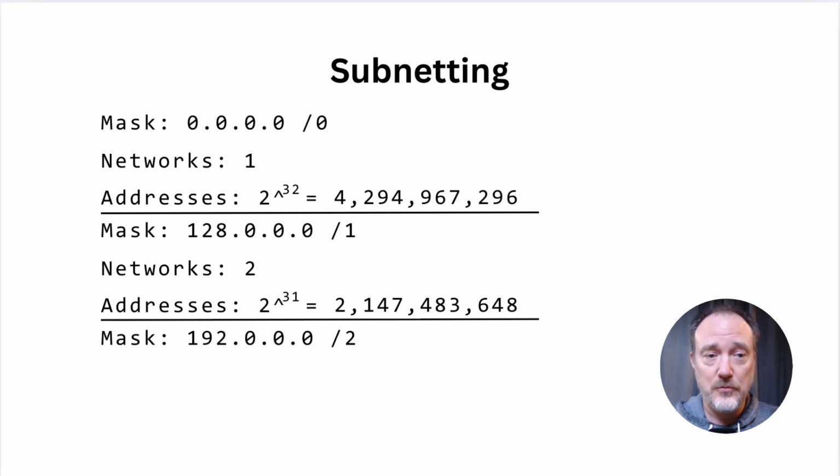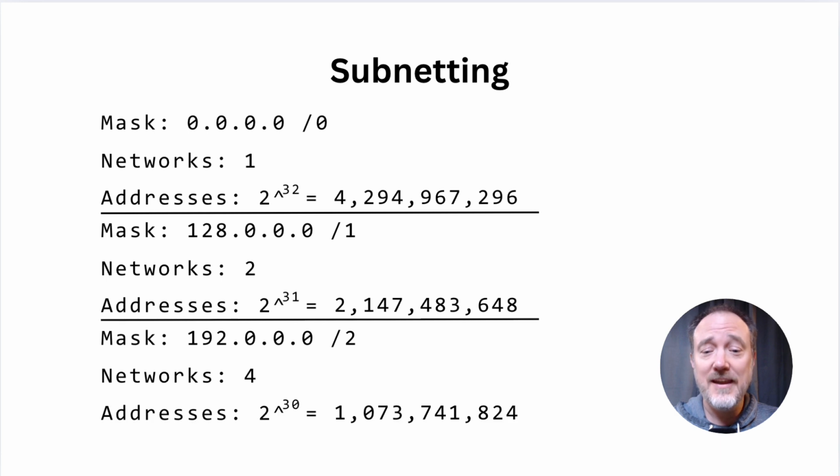So the next mask down is if we use a subnet mask with 2 bits. Then the mask would be 192.0.0.0 or /2. And since there are 2 network bits, the number of networks would be 2 to the power of 2. That gives us 4 networks. Since 2 of the 32 bits are network bits, that means we have 30 bits that would be used for host bits. So the number of unique addresses would be 2 to the power of 30, and then that calculates to 1,073,741,824.